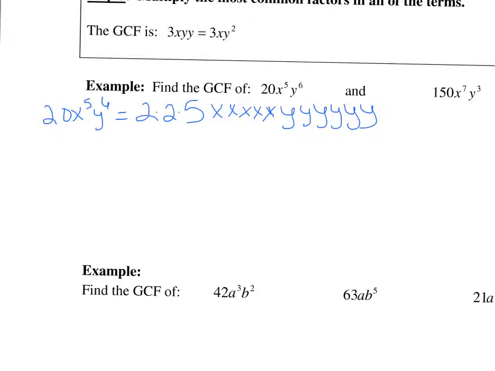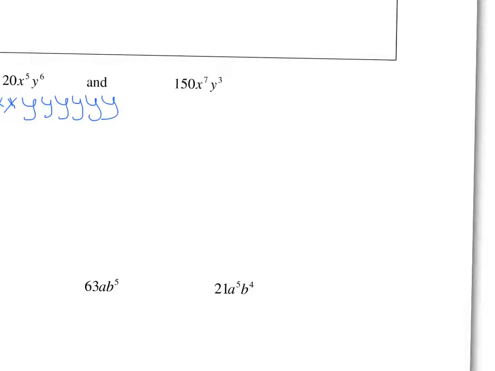Okay. So 150, x to the 7, y cubed. 150. Well, if we need to, maybe we need to do a tree over here. Okay, 150 is 15 times 10. 15 is 3 times 5. 10 is 2 times 5.